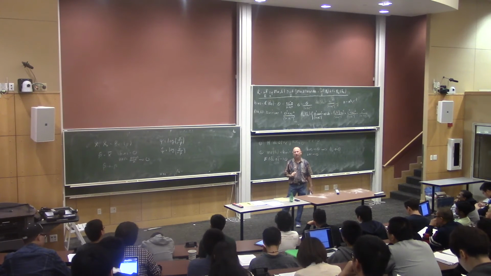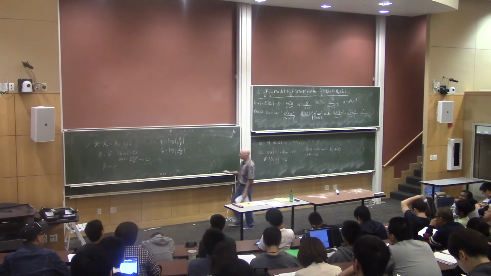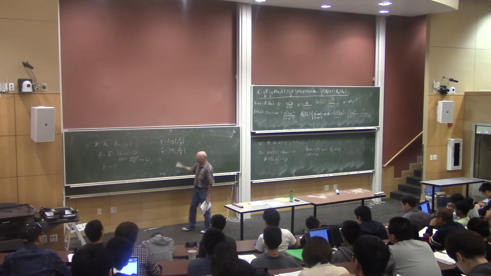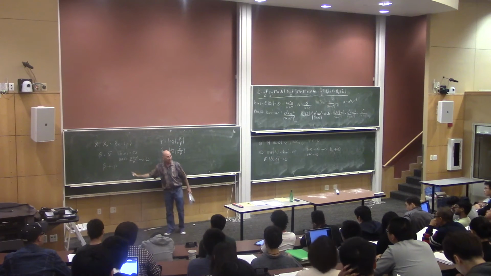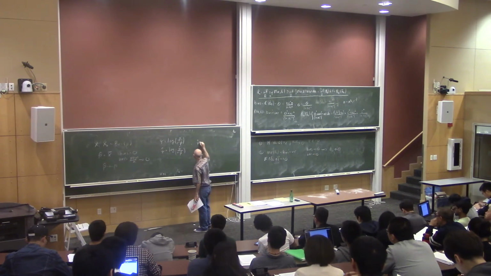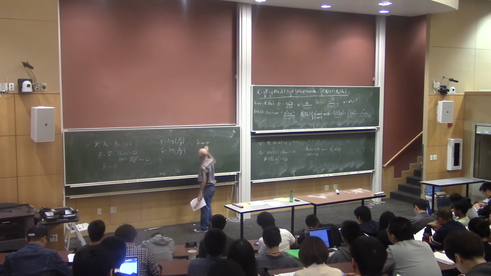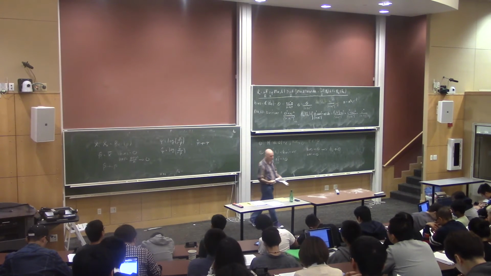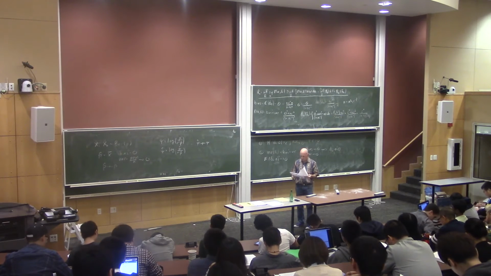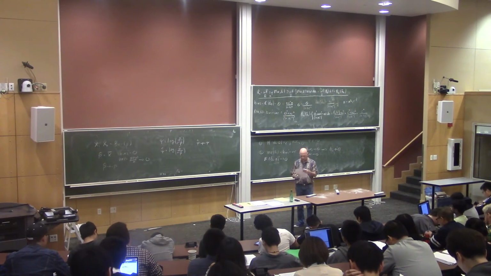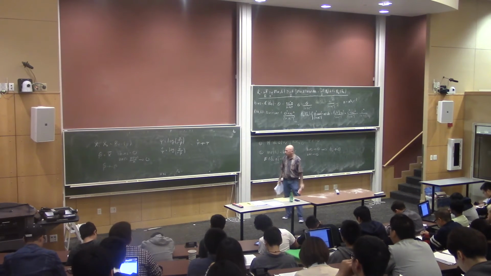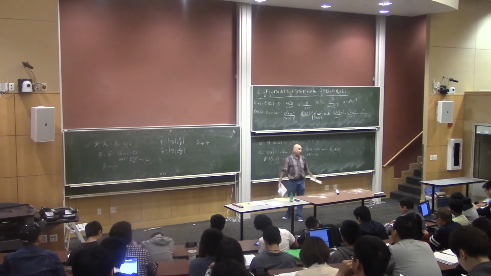Why? Continuous mapping theorem. This function, log of p over 1 minus p, is a continuous function. Since p hat converges to p in probability, any continuous function of it converges in probability. So psi hat converges in probability to psi. So again, we have a consistent estimate. It was pretty convenient to use the continuous mapping theorem.